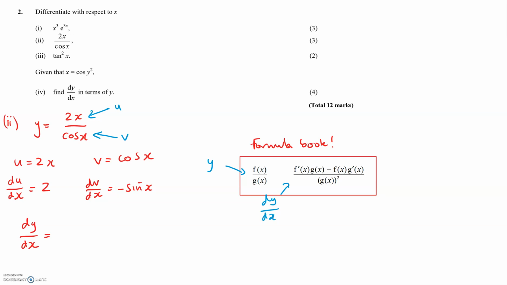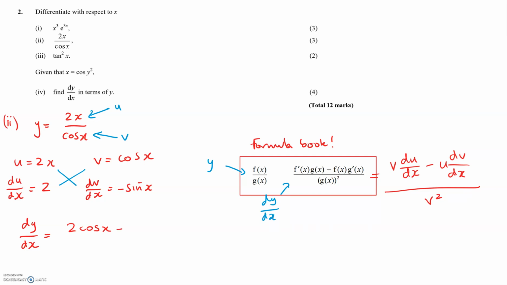I could write this using u's and v's like this. So it would be v du dx minus u dv dx over v squared. So that's another way of writing it. So I'm going to do v times du dx, which is 2 times cos x, minus u times dv dx.